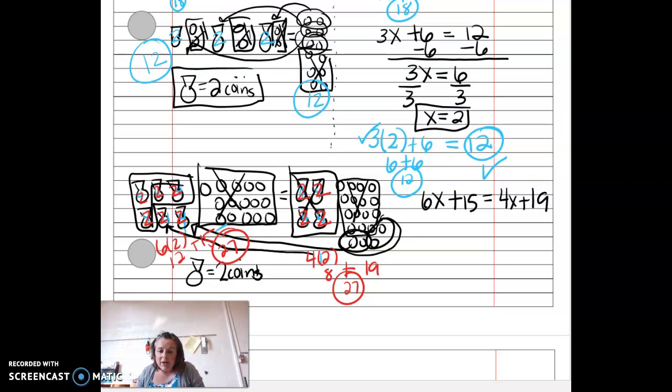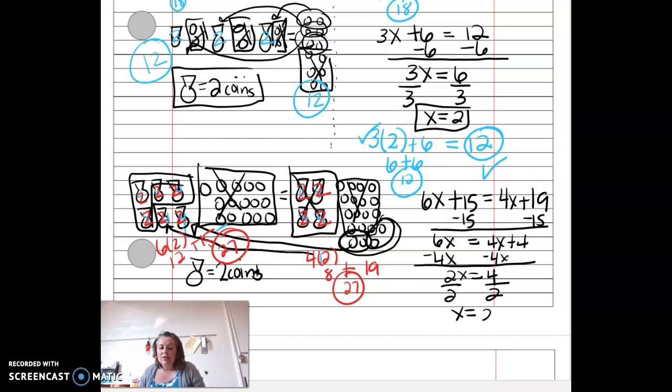So if I get rid of my 15 coins, I have 6 bags, no coins, is equal to 4 bags and 4 coins. And then I got rid of my 4 bags, leaving behind 2 bags had 4 coins, or 4 coins had to be split into the 2. So we split that into 2. So we got 1 bag has 2 coins. We'll box off our solution here.